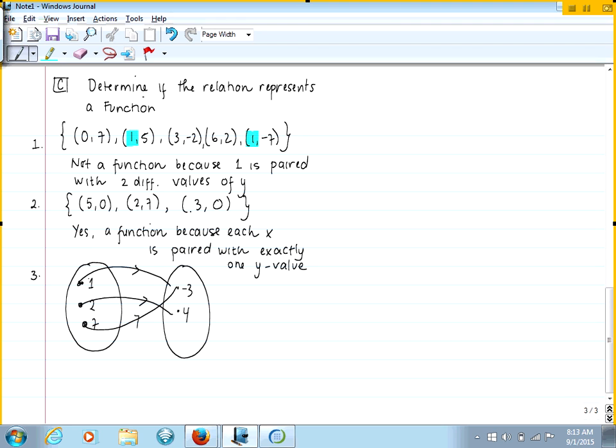Even though the y is the same, 0 and 0, 5 is paired with 1 value, and 3 is also paired with 1 value. So number 3 is the same thing as number 2, a function, because each x is paired with exactly 1 y value.